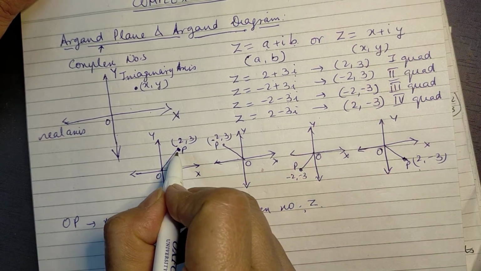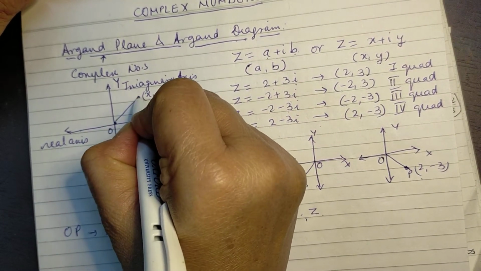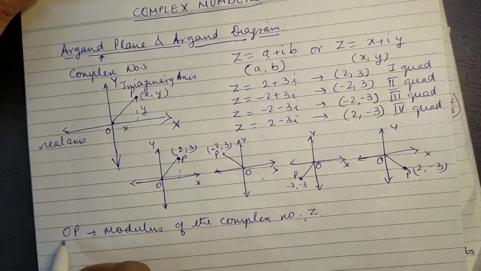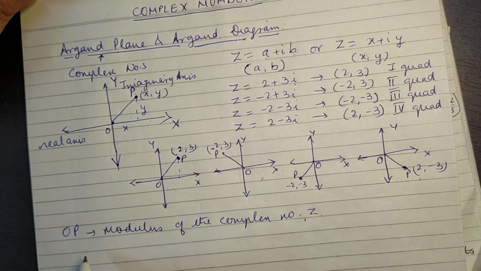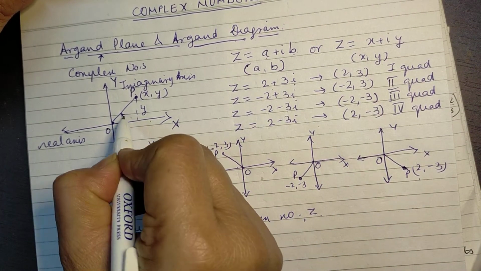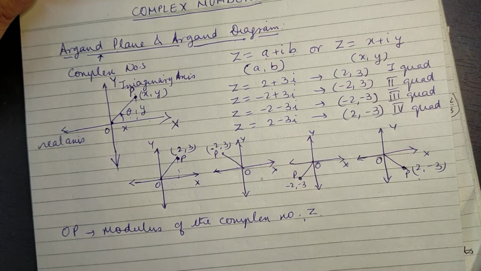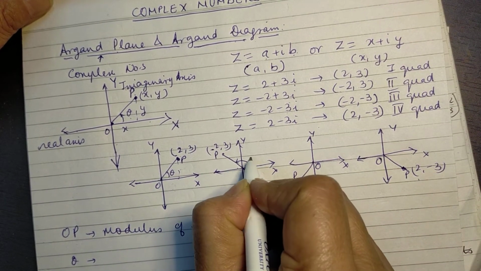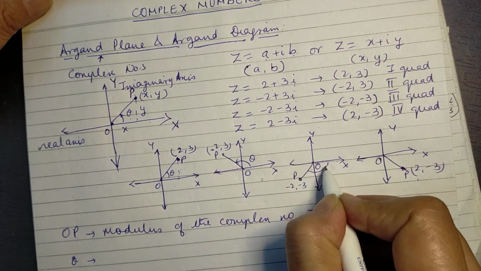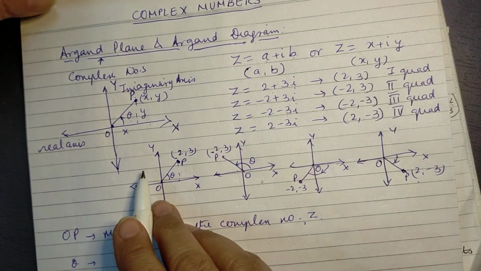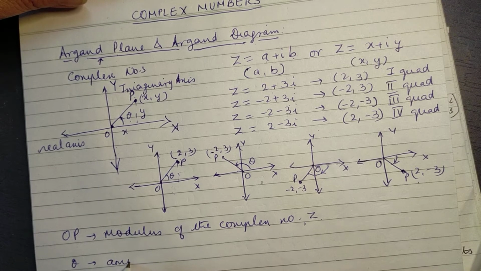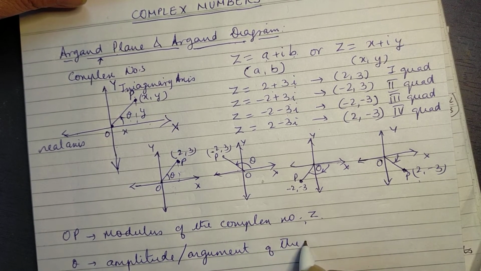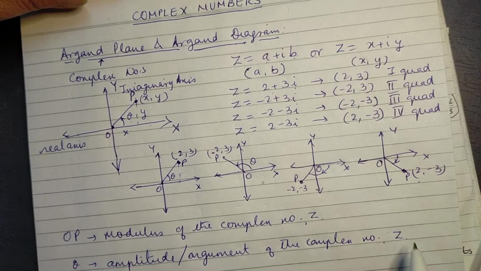Clearly this part is x and this part is y, and the angle which OP makes with the positive direction of the x-axis is called theta, and it is called the argument or amplitude of the complex number z.